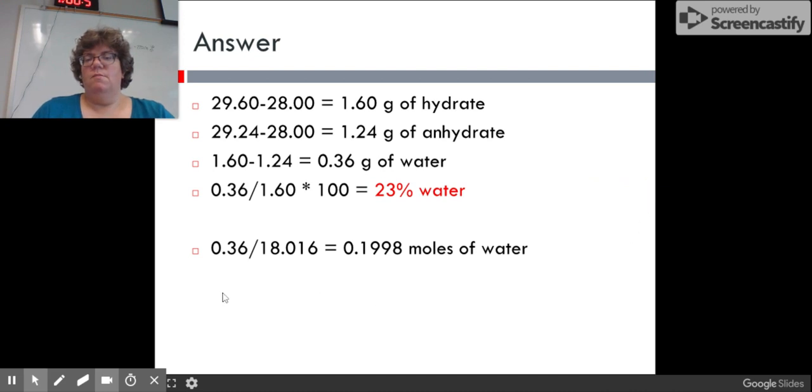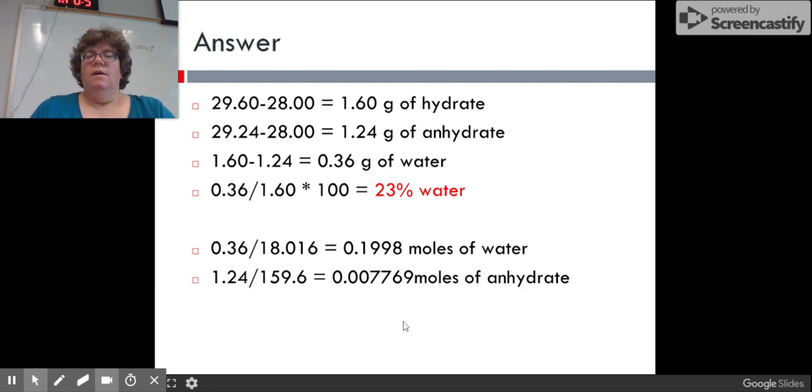Then we can figure out the moles of water. So 0.36 grams divided by 18.016, which is the molar mass of water, came from the periodic table, and we get 0.1998 moles of water. Then we figure out the moles of anhydrate, 1.24, that was the weight of that, divided by 159.6. This is the CuSO4 from the periodic table, adding all those up, copper, sulfur, and 4 oxygens.